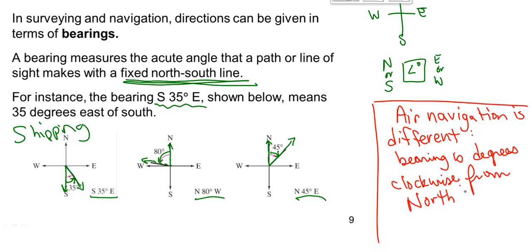For air travel, you can still think of that little compass, but now it's always from north and then around. So if our plane is traveling out that way, it would be this big angle from north, something over, what would that be, 270 or 285 degrees, that would be the air navigation bearing as we go.